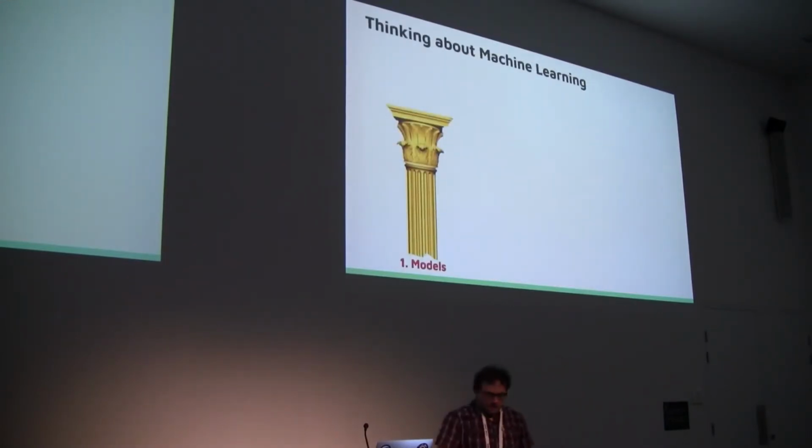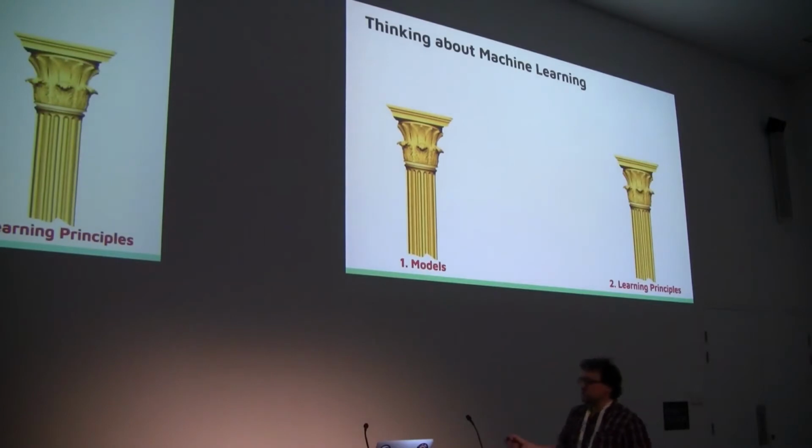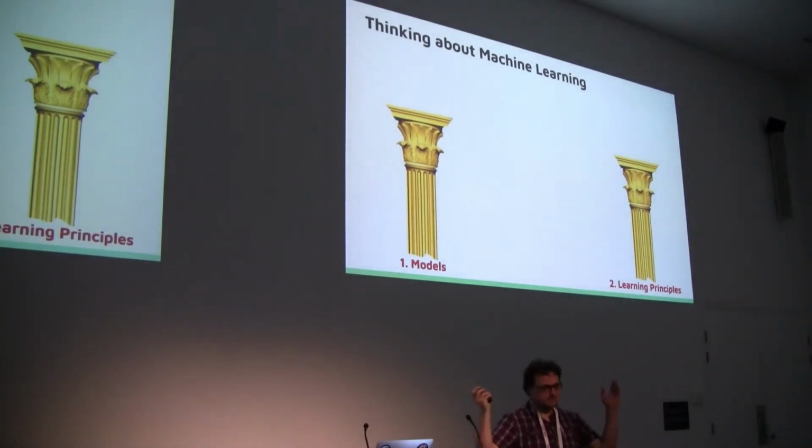So we're going to organize our thinking in basically three components. One is building the models. A model, as I said, is something that generates data, synthetic data. The learning principles are what you want your model to do. You want your model to maximize likelihood, or you want your model to maximize some other loss.